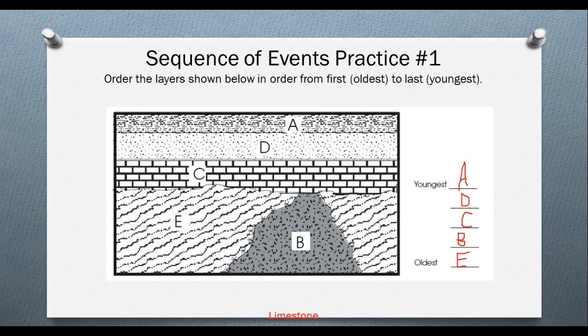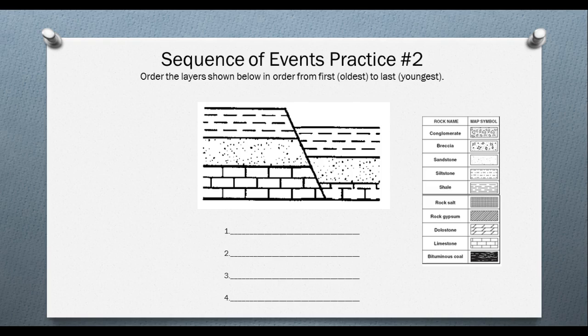Let's try another one. Here you're going to find a map symbol over on the side to show you what's the type of rock. When you do your practice problems at the end of your notes, you'll have a key for that as well. So here again, we're going to say, okay, the first layer that was deposited is going to be on the bottom, which is limestone.